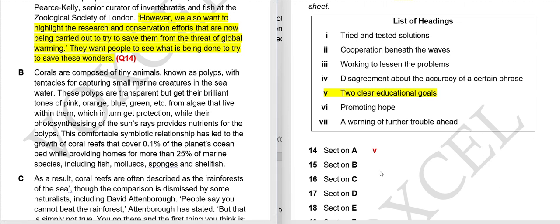So can you tell me what the answer of B should be? I will give you a few seconds to find out the answer. And time's up. Our answer to this should be number 2, Corporation beneath the waves.